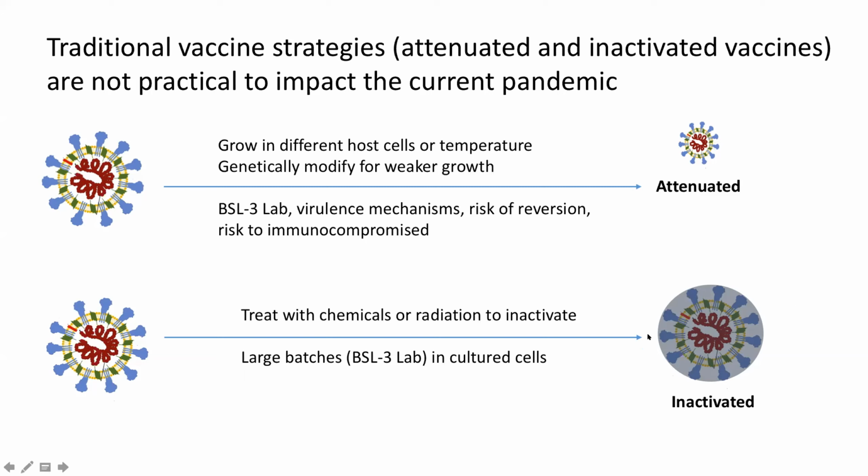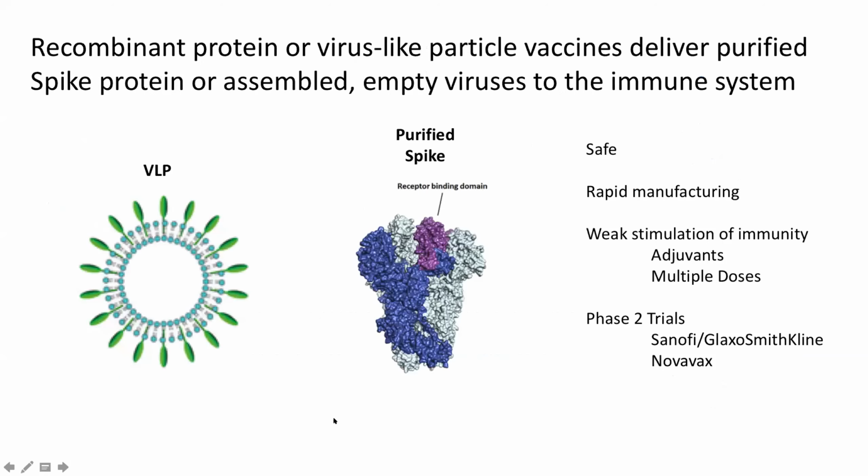It's not replicating, and so you need to give a large amount as a vaccine. So you'd have to grow up large batches, again, in BSL-3 conditions and in cell culture, which is laborious and expensive. The rest of the vaccine strategies are being used currently and tested against SARS-CoV-2.